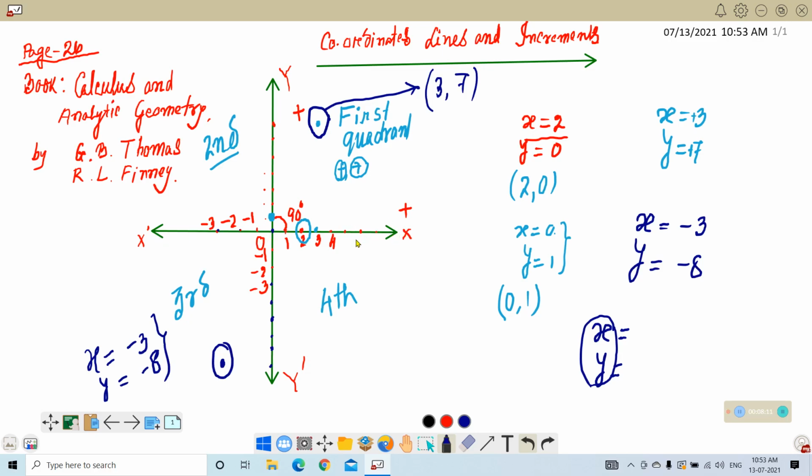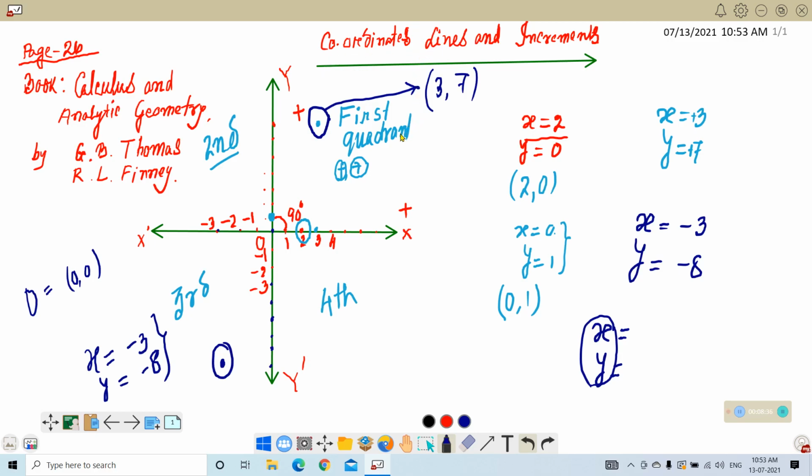This x-axis and this y-axis intersect at a point, and this point is denoted by (0, 0). So the coordinate of the point O is (0, 0). So this is all about coordinates.